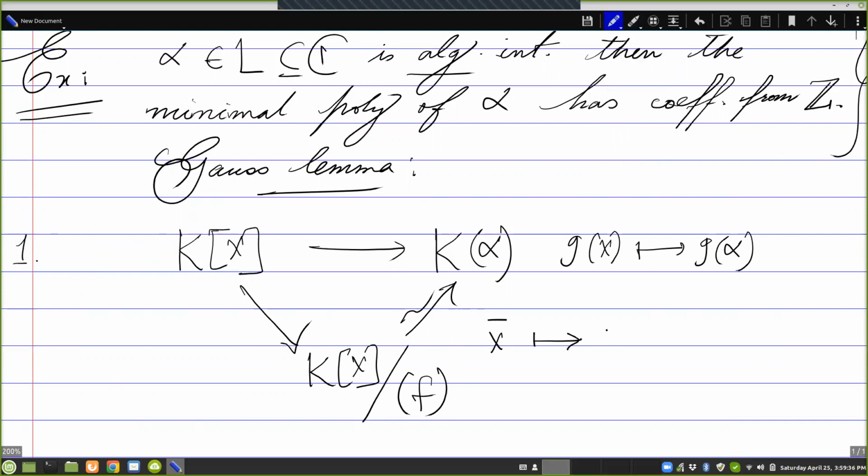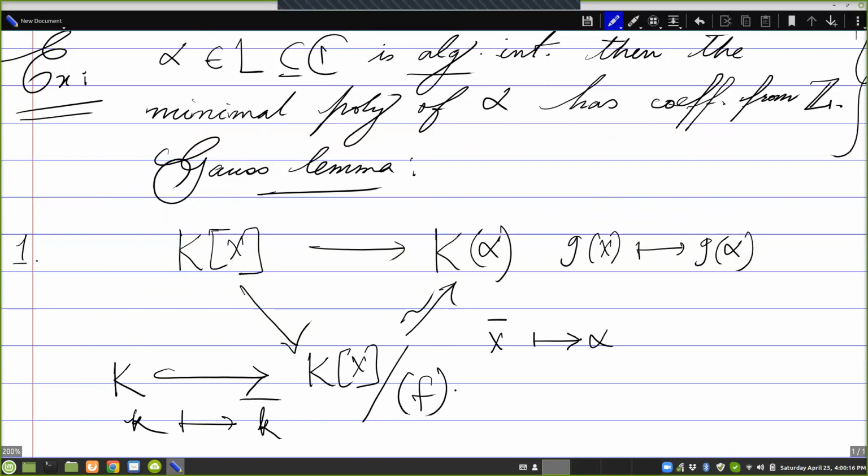And also we have one more thing: from K to this field, there is an embedding which sends every small k of capital K to small k bar, as is customary. This you can immediately check is a ring homomorphism. So as is customary to identify two structures that are isomorphic, for each small k we will identify it with k bar. Therefore, in this way we can assume that this field contains K.